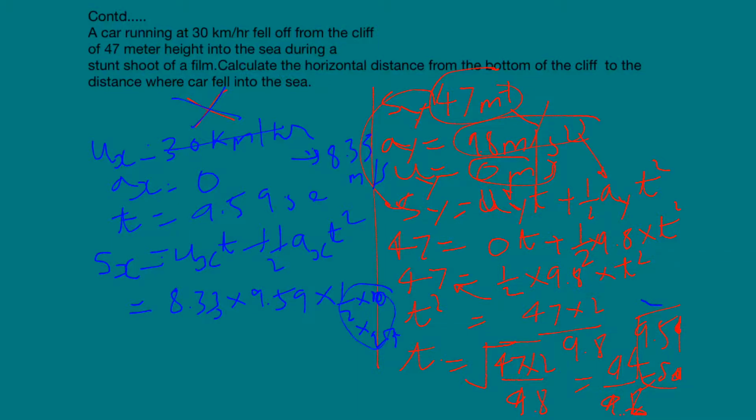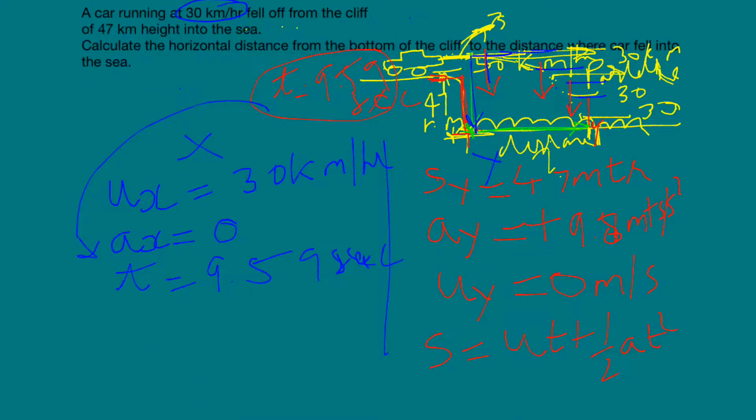This whole thing will become 0 because anything multiplied by 0 will become 0. So cut it. So we can just multiply 8.33 into 9.59. I am calculating on my calculator. Let's see what is the answer. It is coming 79.88 meters.